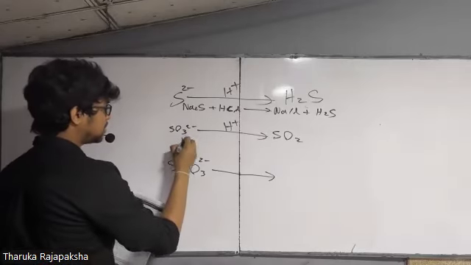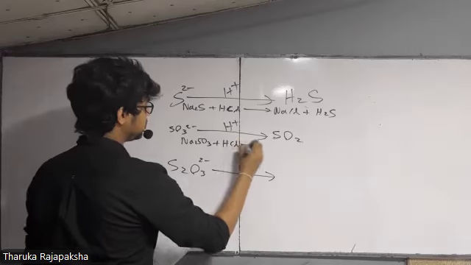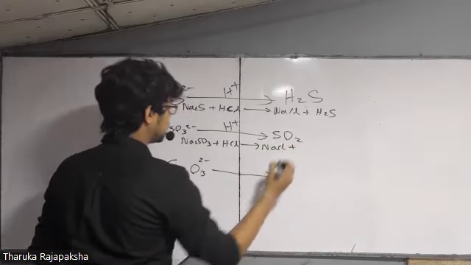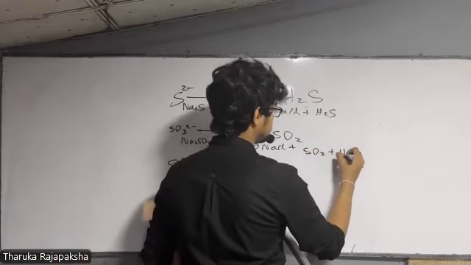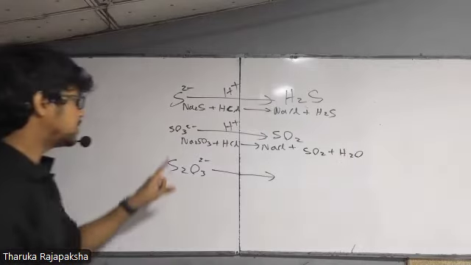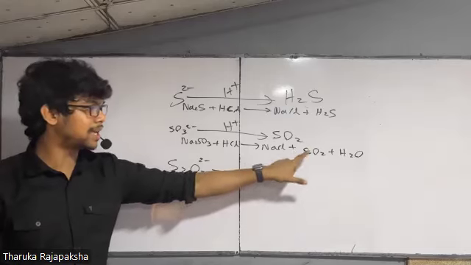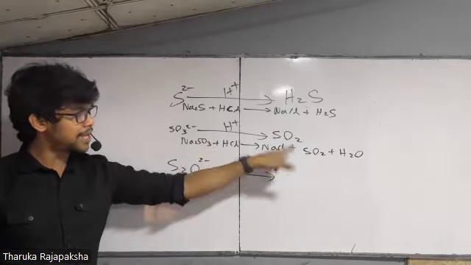Then Na2SO3 plus HCl gives NaCl plus SO2 plus H2O. It's like the carbonate reaction: sodium carbonate gives carbon dioxide and water, and here sodium sulfite gives SO2 and water.